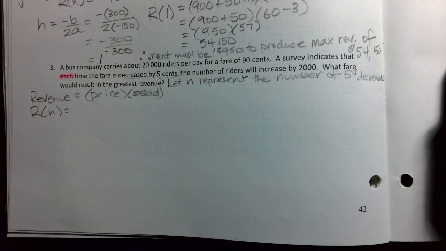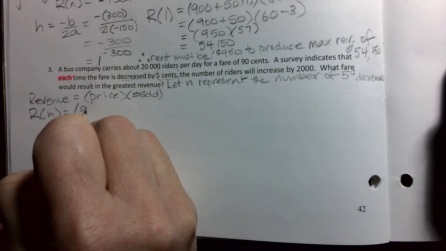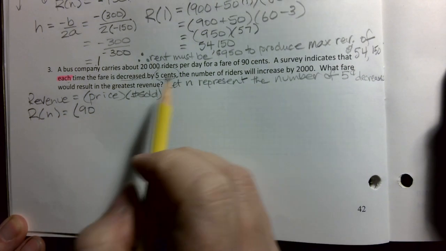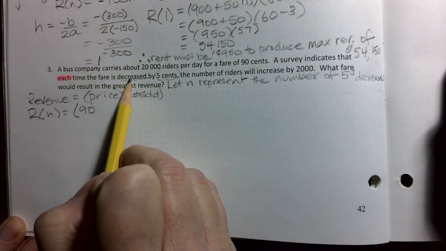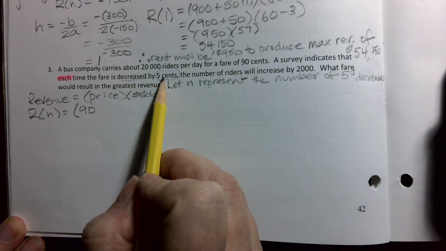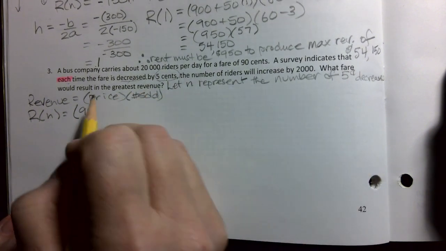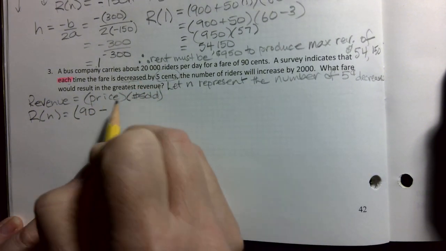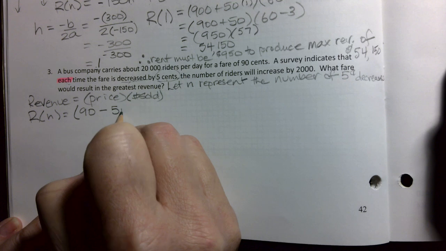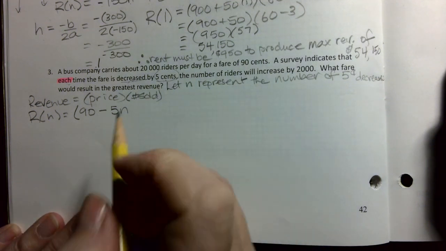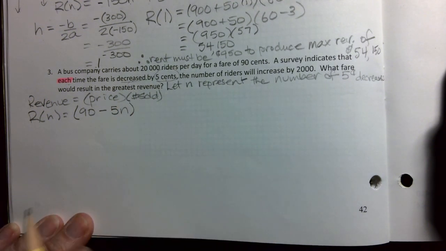All right, current price. Start with that, 90 cents. We are decreasing the price by 5 cents or 10 cents or 15 cents and so on. So decreasing the price means minus 5 cents times some number of multiples of 5 cents.